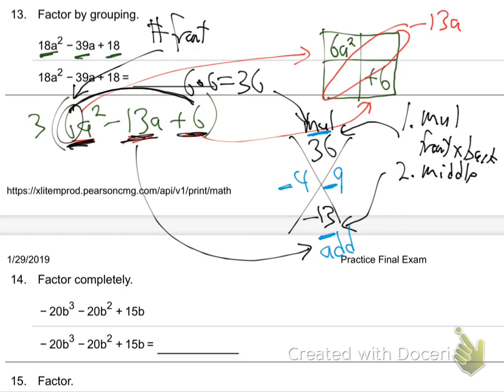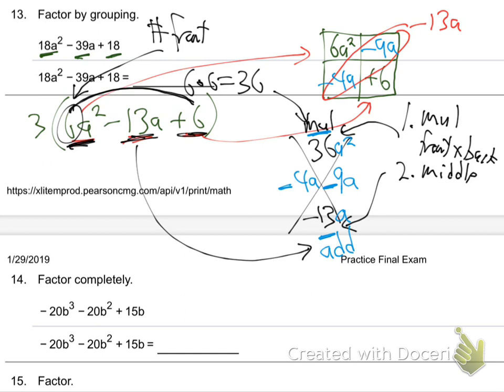Both minus, right? 2 minuses add to be a bigger minus, and 2 minuses multiply to be positive 36. Minus 4, minus 9. Now, I should have put an a here, and this is actually 36a squared. So these both need an a on them: minus 4a, minus 9a, in either order. See how they make minus 13a?